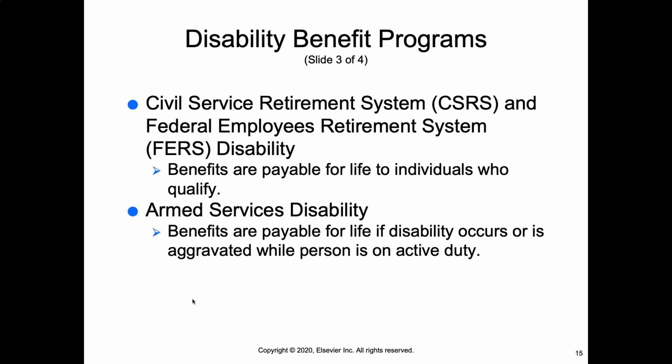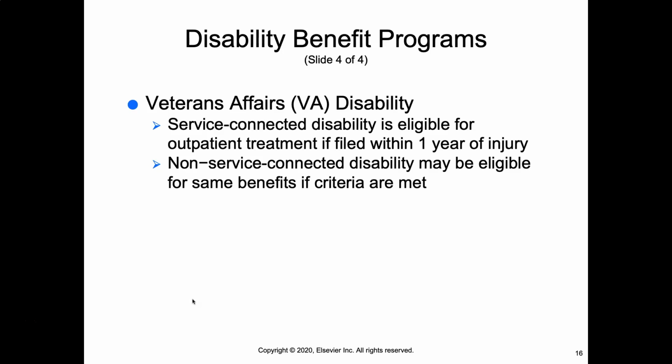They kind of dovetail with Medicare and Medicaid. And then it briefly touches on civil service retirement, armed services disability, and veterans. Obviously if someone was a veteran, they would need to explore those through the VA.